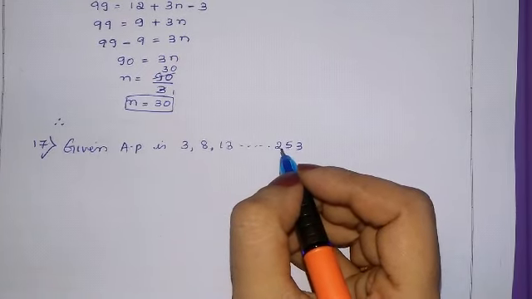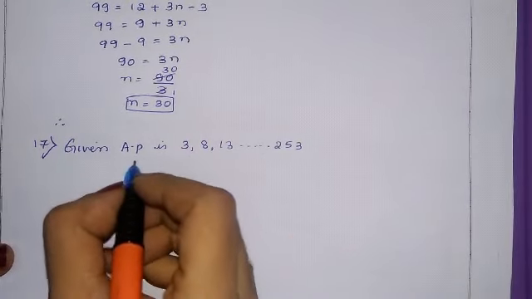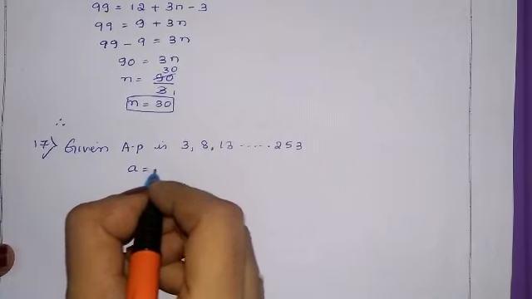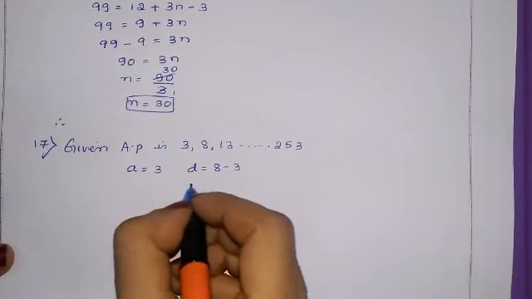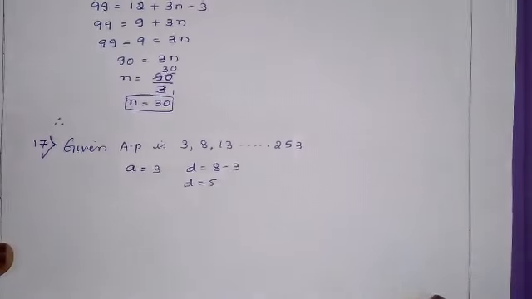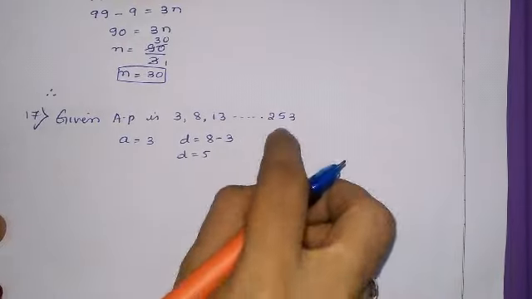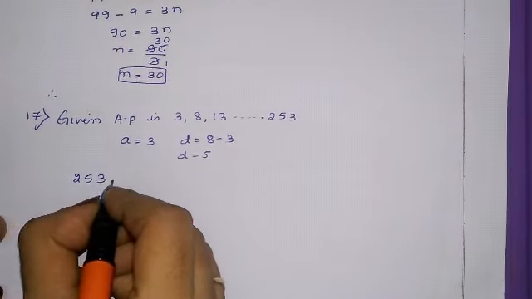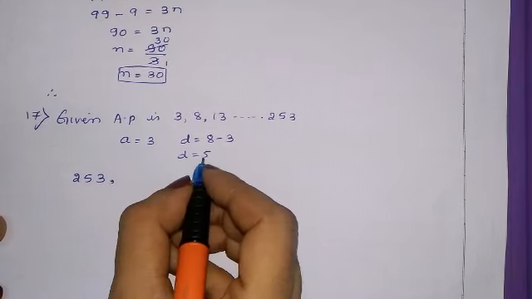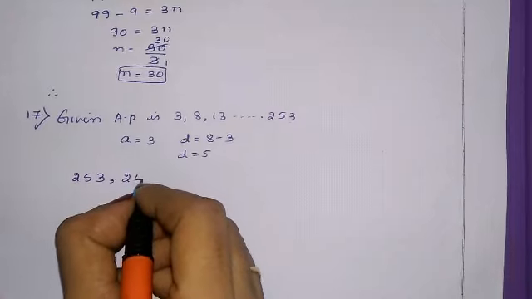A is equal to 3, D is equal to 8 minus 3, so the difference is 5. Based on the difference, we go on finding terms from the last term of the AP. The last term is 253. 253 minus 5 gives 248.